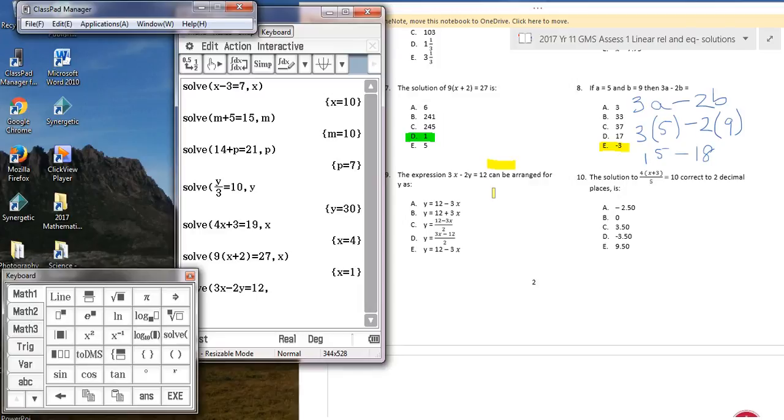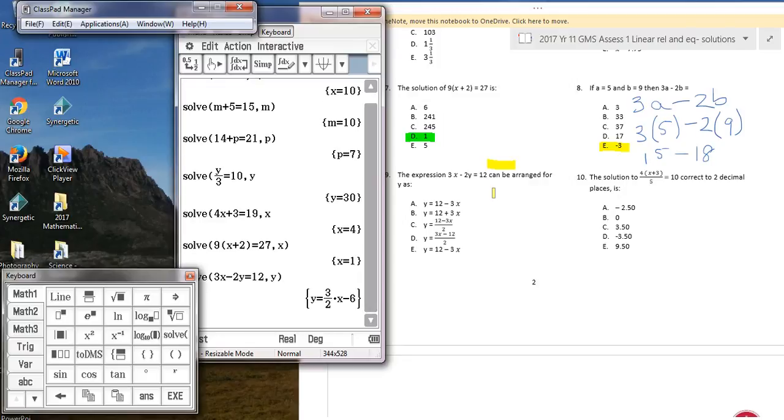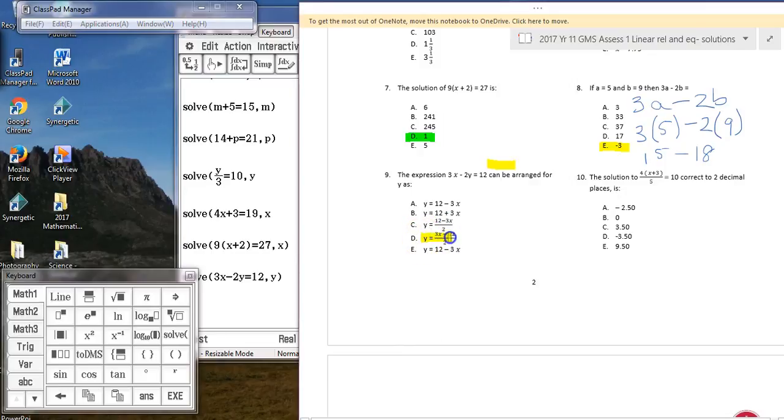And we're solving for y, so we tell the calculator that we want y equals, and it solves this way. So this doesn't match any of the answers that we have. So we can look at the 6 and say, well, what's 2 times 6? And put it on the bottom, and remember that it does have to be negative, so it's going to be 3x minus 12 on 2.